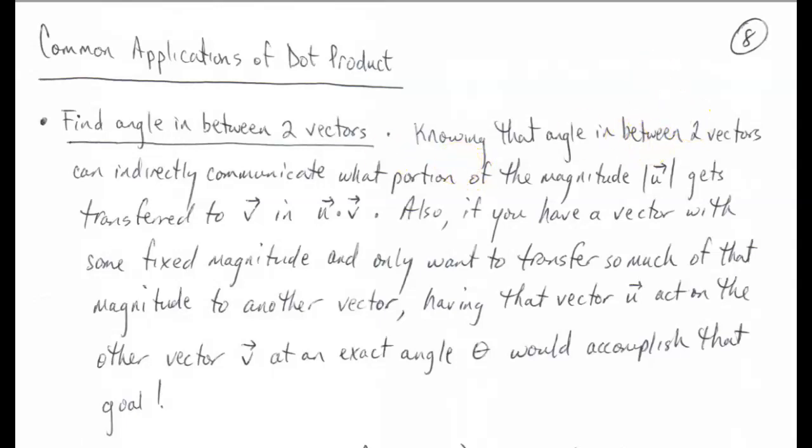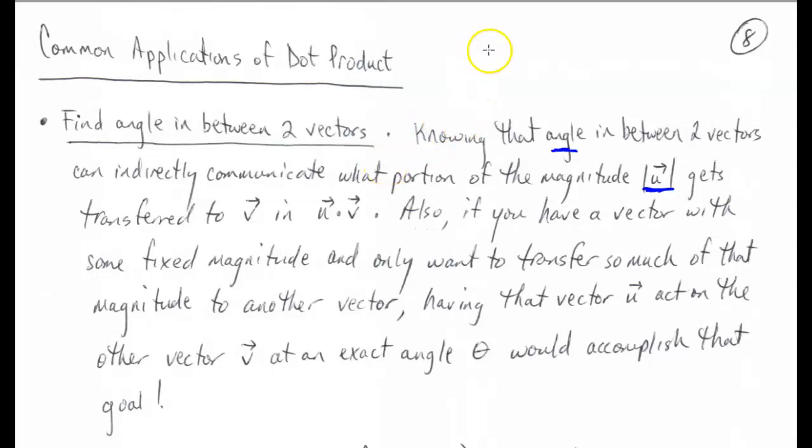And so I only do commentary here to try to make my point that if we know what the angle is in between two vectors, this angle will directly communicate what portion of the magnitude of the vector u, meaning the one that's going to act on the vector v here, that knowing that angle can directly or indirectly communicate what portion of it.